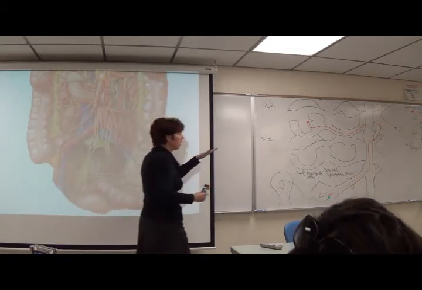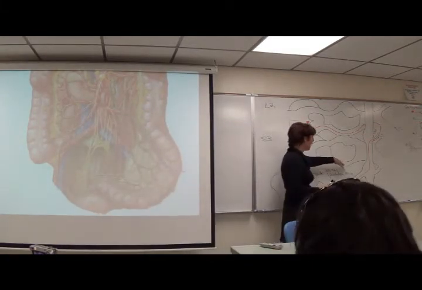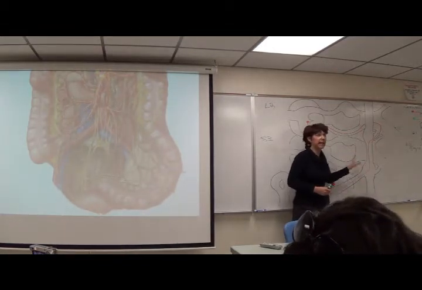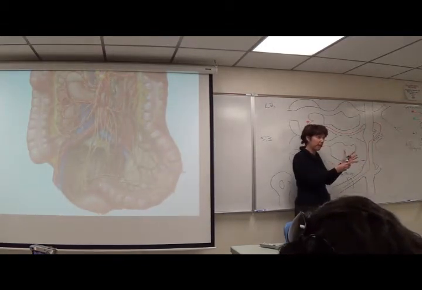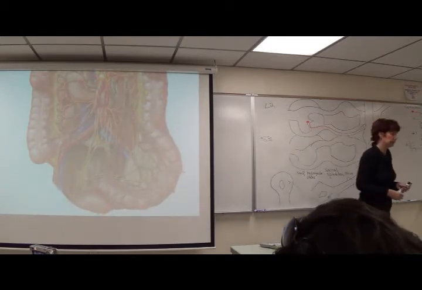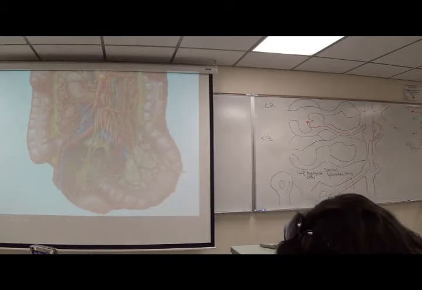So notice, no preganglionic sympathetic fibers. My final diagram is going to tie this together with our parasympathetic system from yesterday. Okay, but I don't want to do that just yet. So you can take a picture of that.